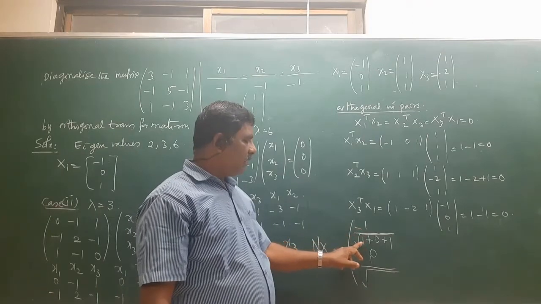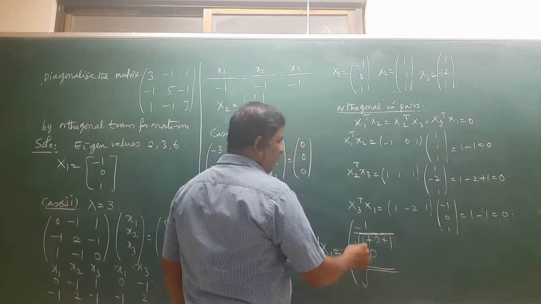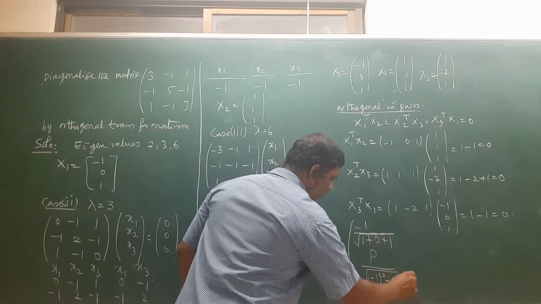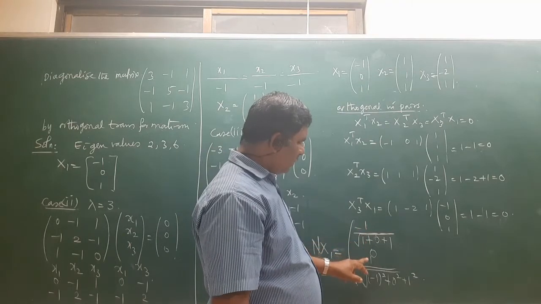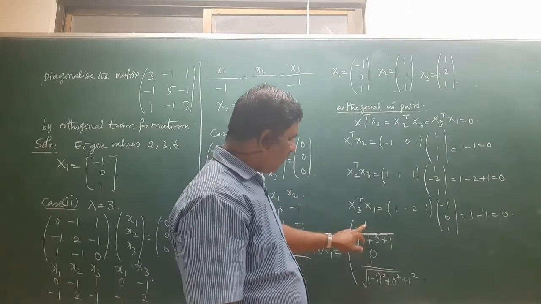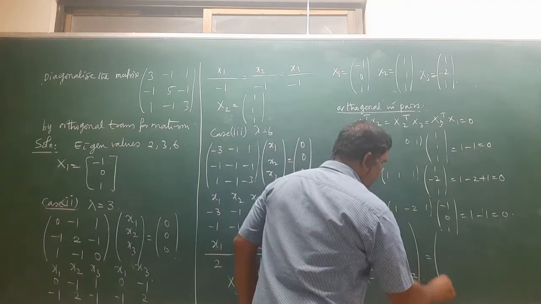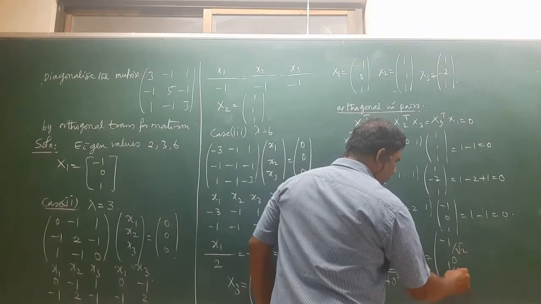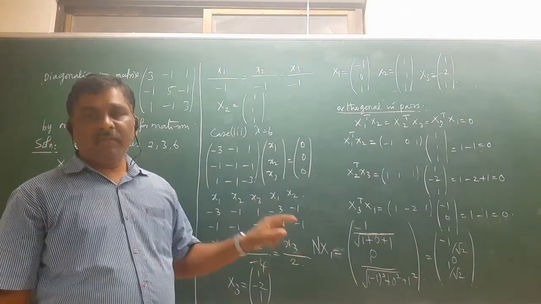So minus 1 divided by the square root of the sum of the squares of the elements, 0, and 1 divided by the same. The denominator will not change; for all the elements the denominator is the same. So minus 1 by root 2, 0, 1 by root 2. It is the first normalized vector.